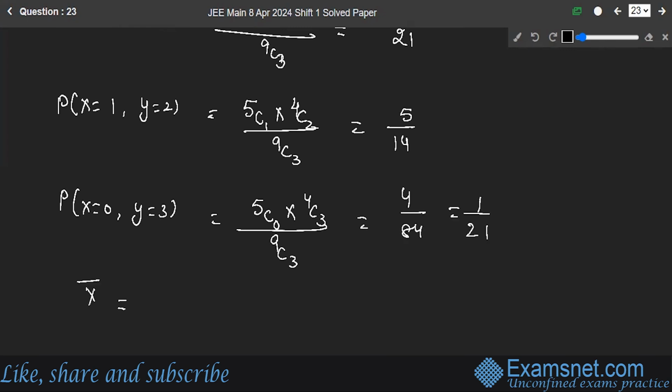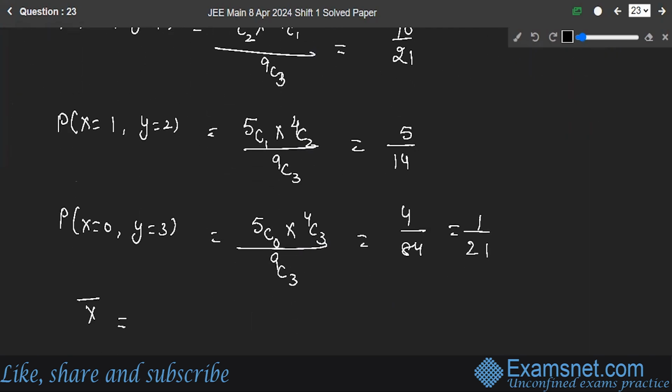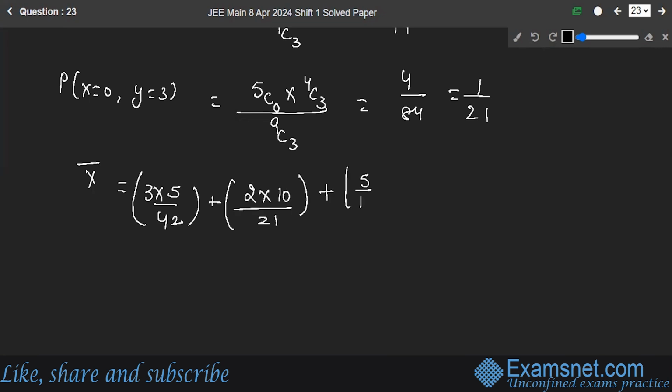So now x bar will be equal to the sum of x times p(x). So this will be 3 × 5/42, plus 2 × 10/21, plus 5/14 × 1, plus 0 × the last one.